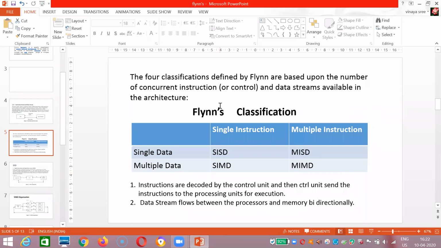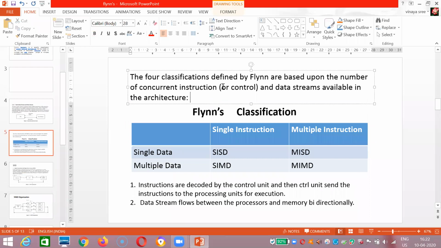Just now I said that instruction, why is it written in parentheses or control? Because instructions upon fetching from main memory will be decoded in the control unit. So that is the reason concurrent instruction execution will be done in control, and data streams available in the architecture.